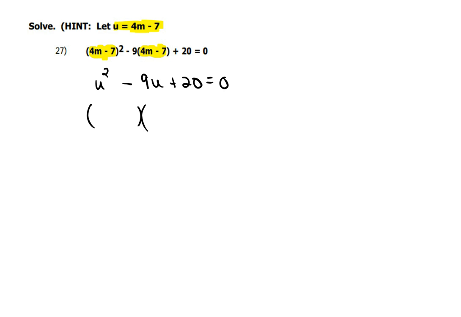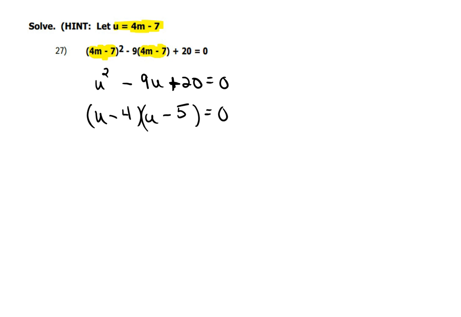And this is just supposed to make it easier to factor. And I can unfoil this one. It starts with a u squared, so it's got to be u times u. And then it ends with a positive 20, so I need two factors of 20 that add up to negative 9. And that'd be negative 4 and negative 5.